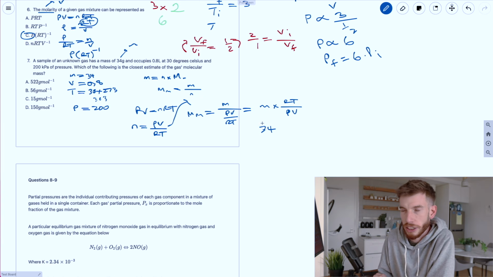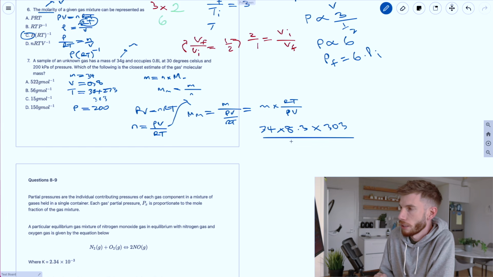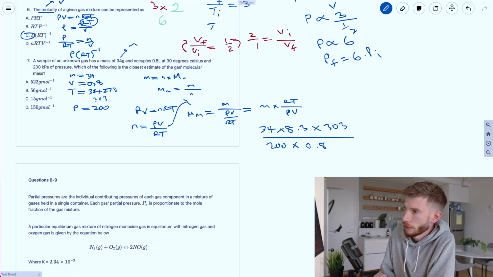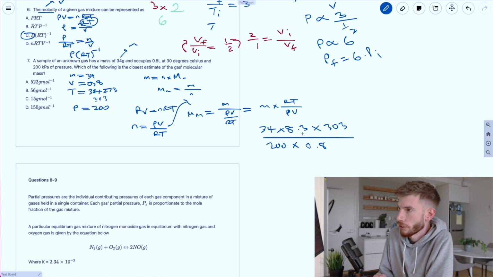So most of the work is actually just in the rearrangement. So 34, now we've got to actually do the maths on it though. 8.3 for R, temp was 303, pressure was 200, and then the volume was 0.8. There we go. Now again, I'm looking for ratios. So I'd say 8, just ditch the 0.3, 8 over 0.8 gives me 10.